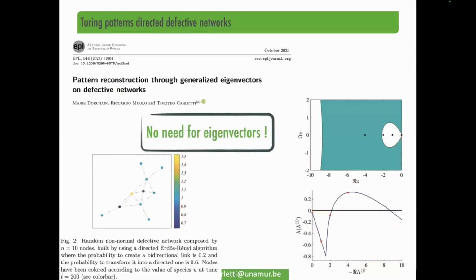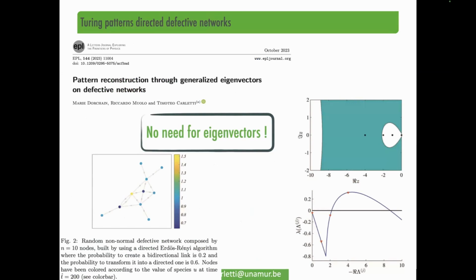Okay, what we did recently with my students Marie and Riccardo is that indeed you don't need a full eigenbasis. You can have a directed Laplace matrix which is degenerate. So you have generalized eigenvectors, and you can prove the same. You can use the few eigenvalues and eigenvectors that you have, with the same region as above. This now is green instead of blue.